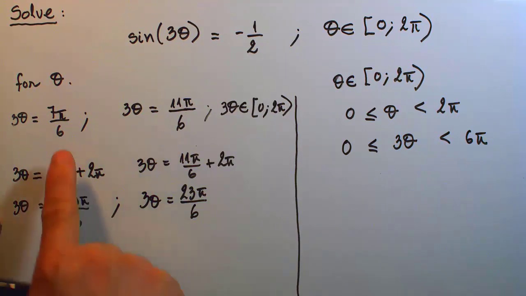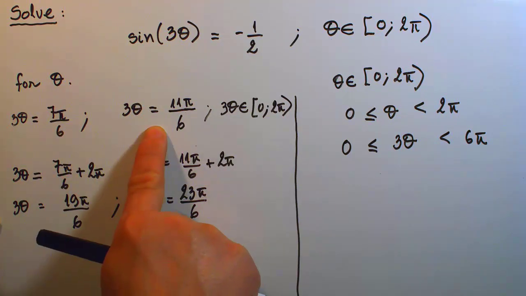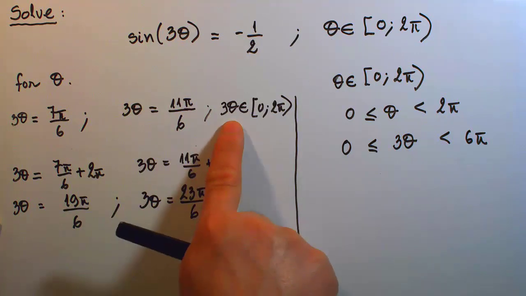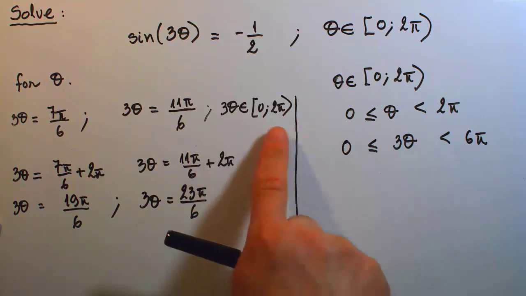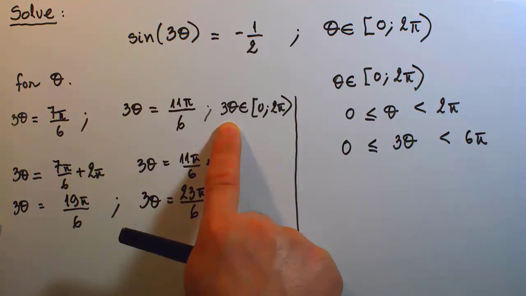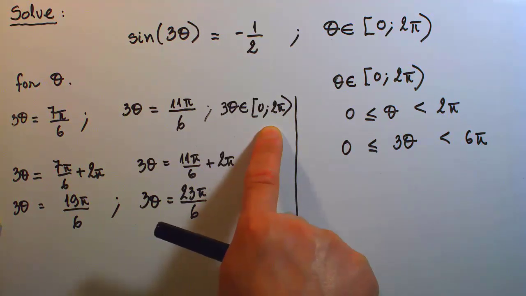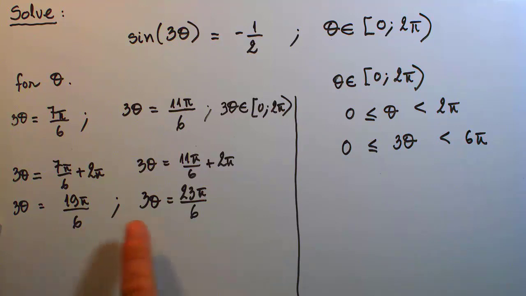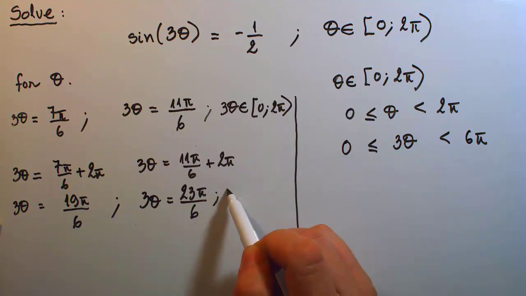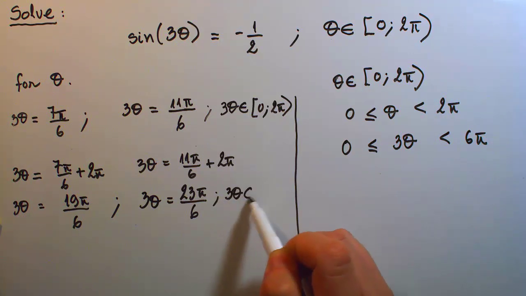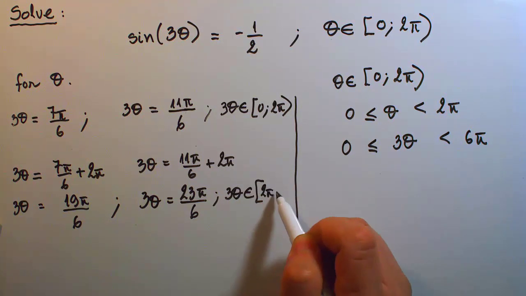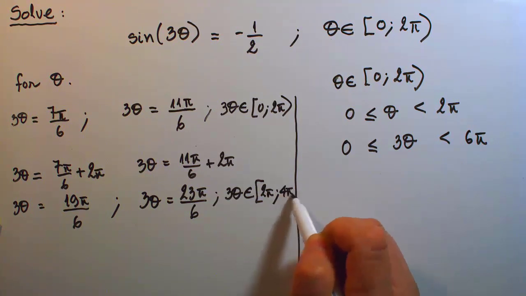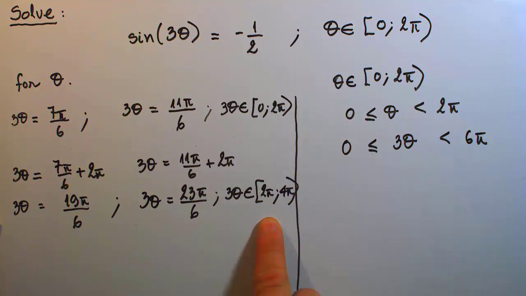The first pair of solutions, the first 2 values, belong to the first rotation of our angle 3 theta. That is why 3 theta is here indicated to be in between 0 and 2 pi. These 2 new values we just found indicate where 3 theta is anywhere between 2 pi and 4 pi, the next complete rotation after 0 to 2 pi.